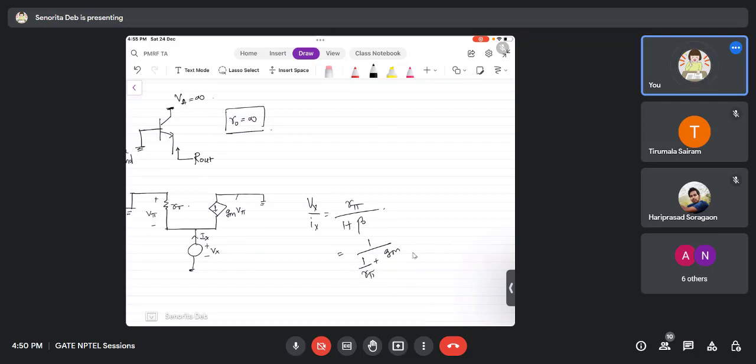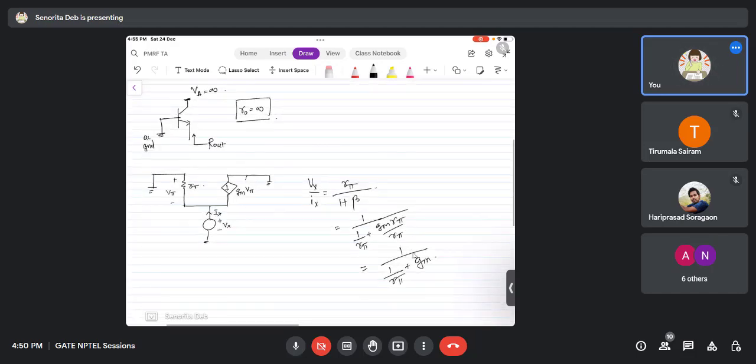Yes, Gm by R pi, and then you have Gm R pi by R pi. We have 1 by 1 by R pi plus Gm. Yes, that is correct. This is what you will get. You will get R pi by 1 plus beta.